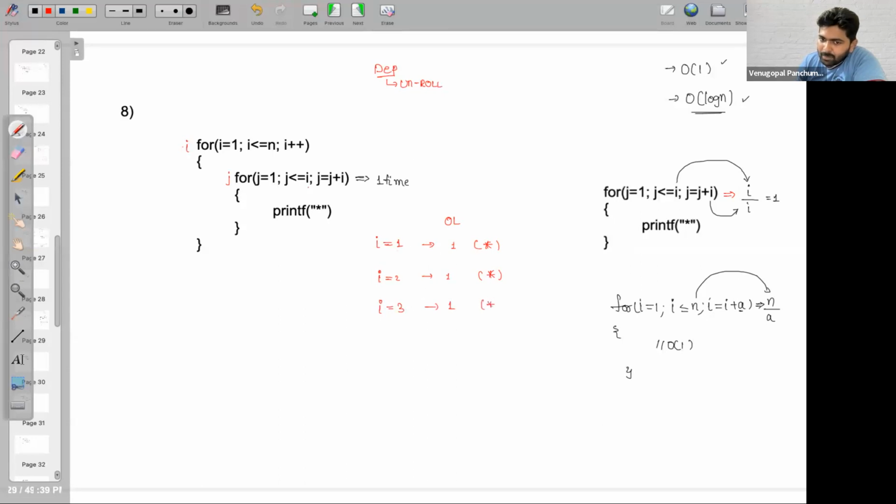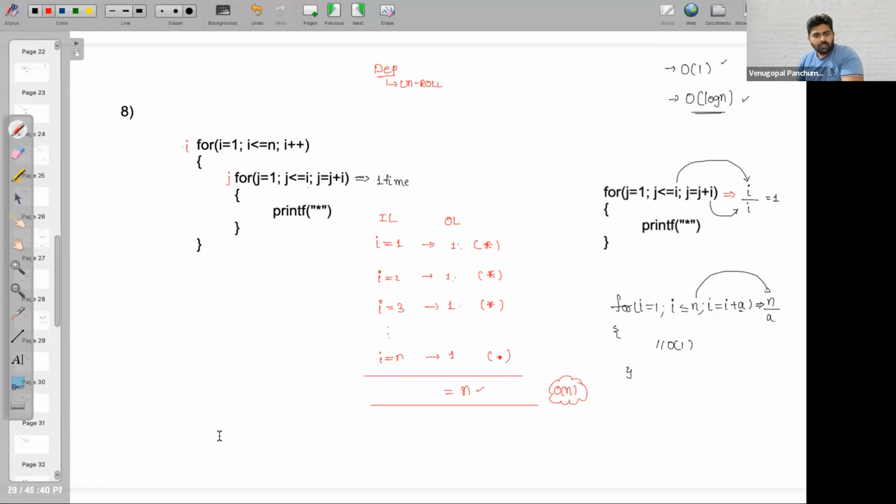So 1 star will be printed. Like that, the I value goes till n. So here also 1 will be printed, which means 1 star. Now, how many stars in total will I get? 1 plus 1 plus 1 up to n, which is nothing but n. Like 1 rupee, 1 rupee, 10 rupee, 10 rupee, like that, n into 10. Similarly, n times. So the time complexity will be order of n.